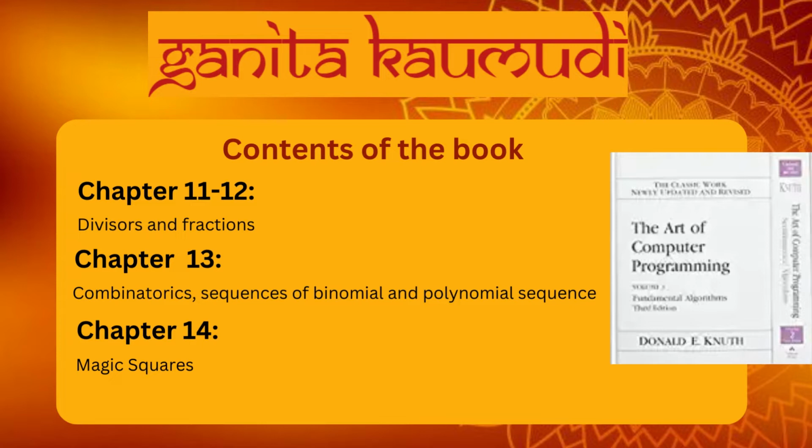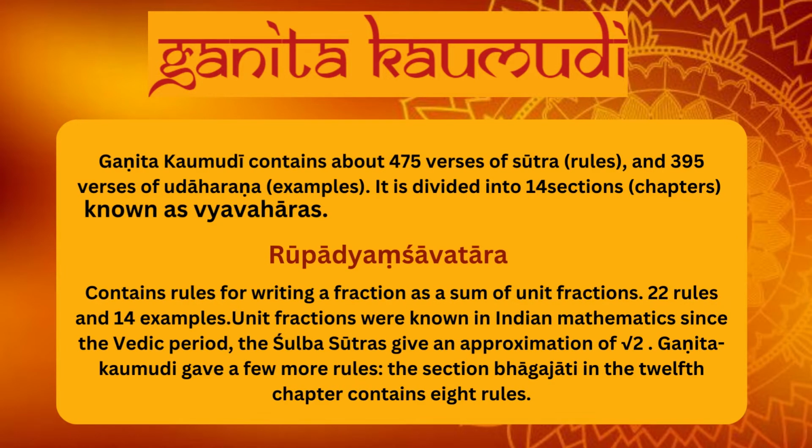Then chapter 14 comes, where you will learn about magic squares. Ganita Kaumudi contains about 475 verses of rules and 395 verses of examples. It is divided into 14 chapters.